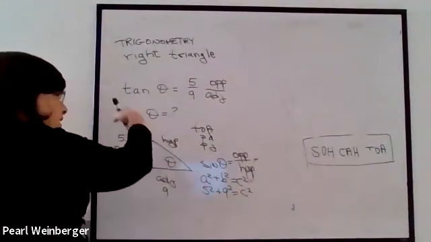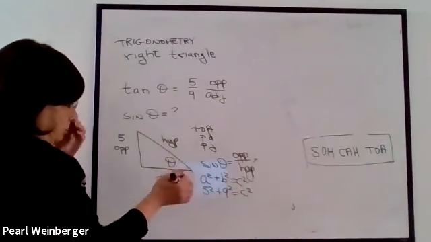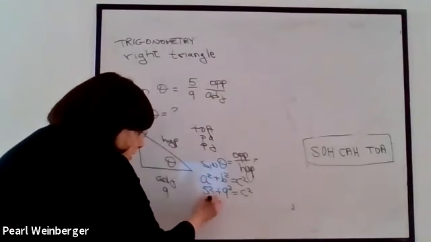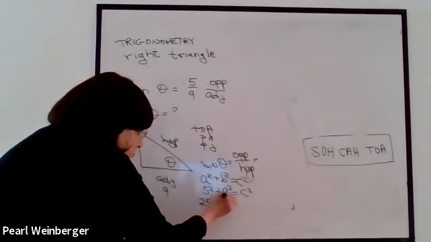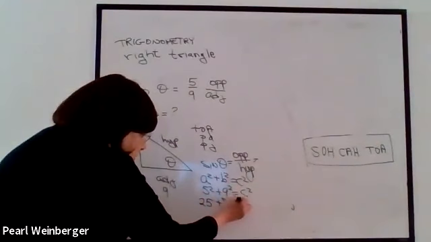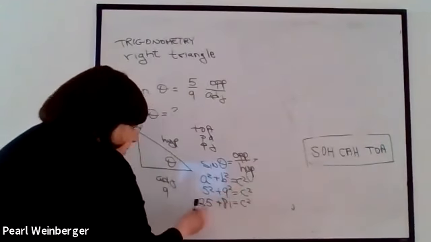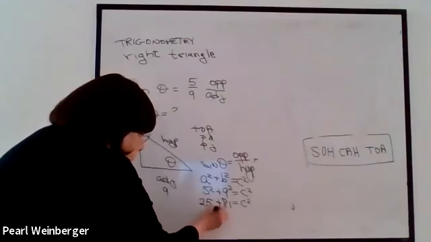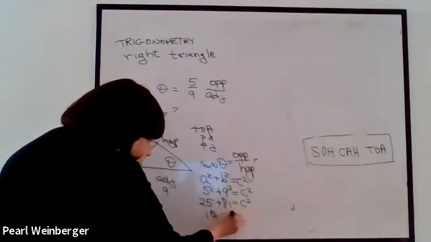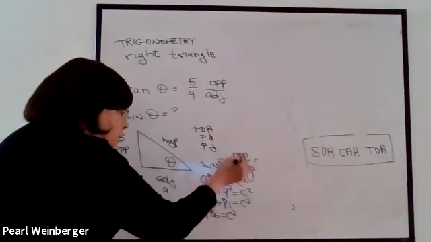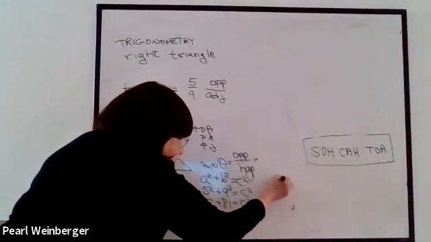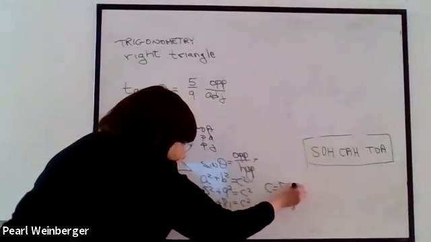The missing side happens to be the hypotenuse. So I figured this out. 5 squared is 25 and 9 squared is 81. So when I add these together, I get 106 is c squared, which means that c has to be the square root of 106.